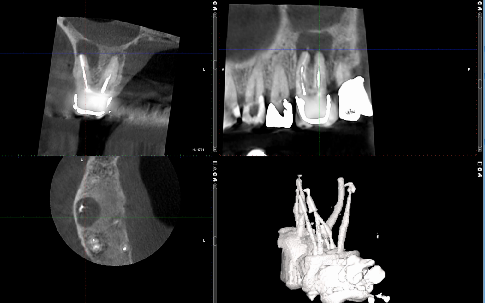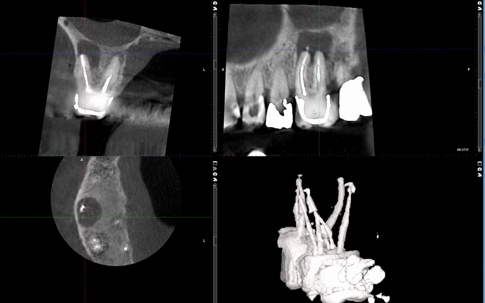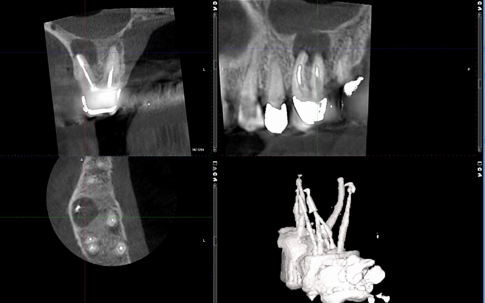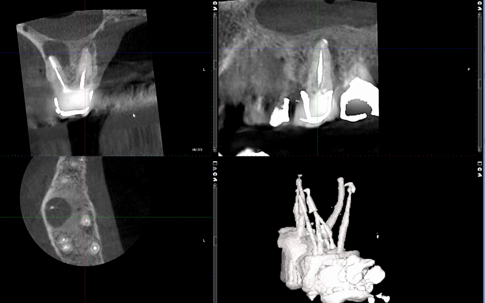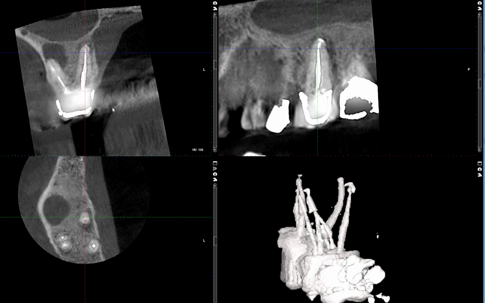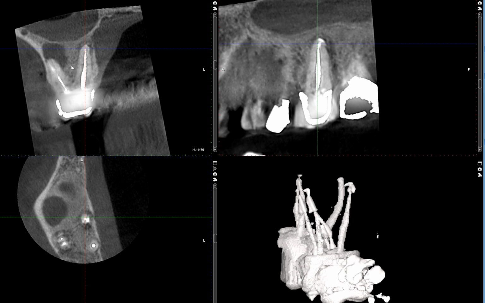And so it's extremely helpful in this case for endo residents to figure out where the issue is. I didn't spend a whole lot of time going through the palatal root, but I think the palatal root looks okay to me. So it's just the radiolucency involving both the buccal roots.